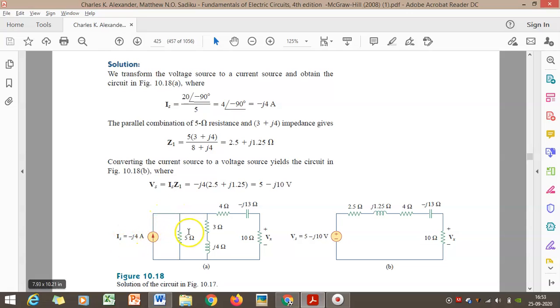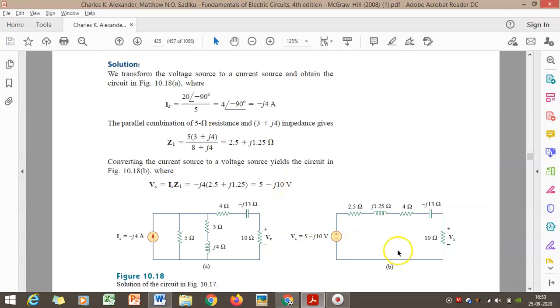We multiply the current with the impedance to get the voltage source, and the parallel impedance is made series. So Vs is equal to Is into Z1, which is minus j4 into (2.5 plus j1.25), equal to 5 minus j10 volts.